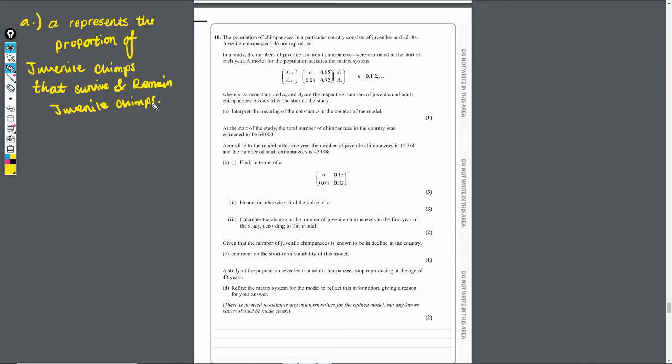Okay, so that's part A. A represents the proportion of juvenile chimps that survive and remain juvenile chimps. Okay, so there's one mark there.